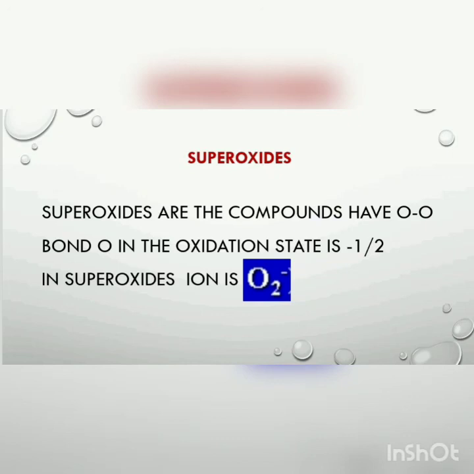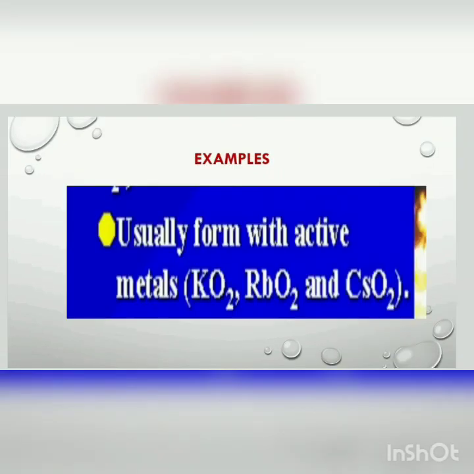So both dioxygen and the superoxide anions are free radicals that exhibit paramagnetism. The examples of superoxides are KO2, RbO2 and CsO2. So commonly the first group elements, the alkali metals, form superoxides.